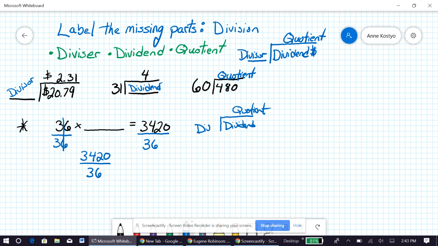Now, if we have a fraction and we are still using the divisor, dividend, and quotient, we would have the dividend on the numerator, and the bottom, or the denominator, which is down under, would be my divisor.